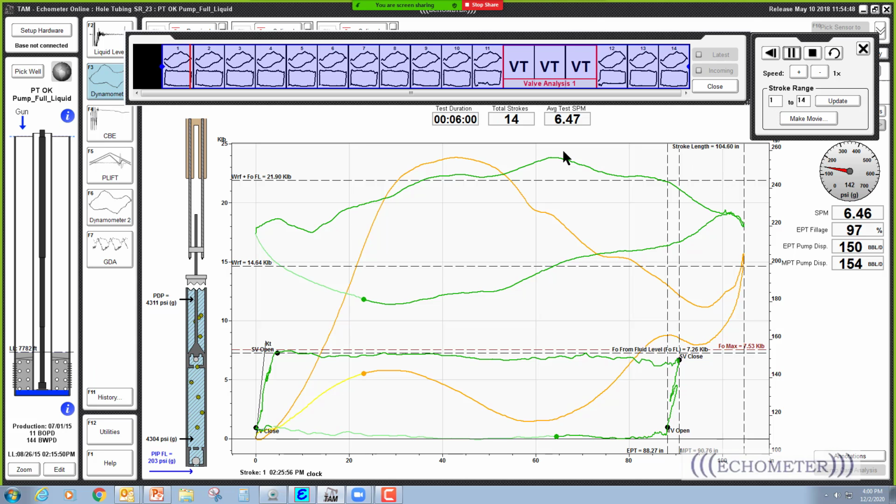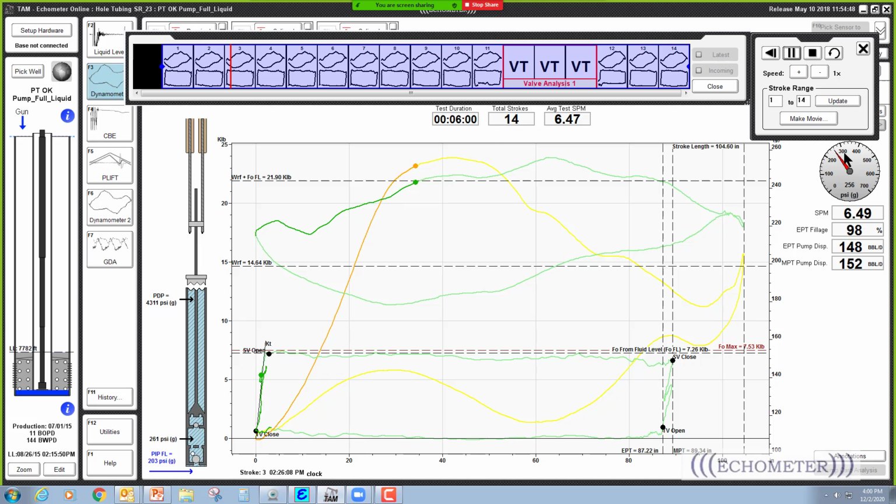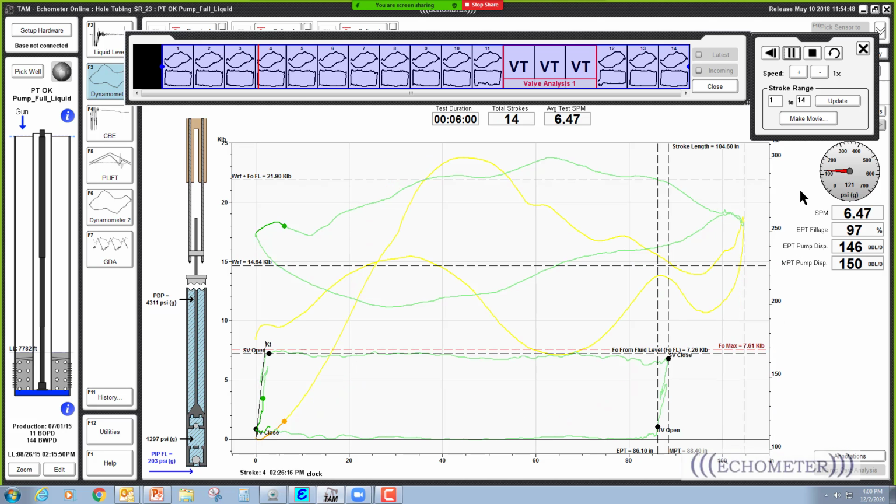It's easy to see, and we can see here as we're moving through these strokes how the tune pressure changes during a stroke, and every stroke the pressure just goes up. How much? You can see here on this gauge, it goes from about 240, and then it's dropping down to around 100 and something on the downstroke. And so that's just normal. And here I think we probably are starting to increase tuning pressure.